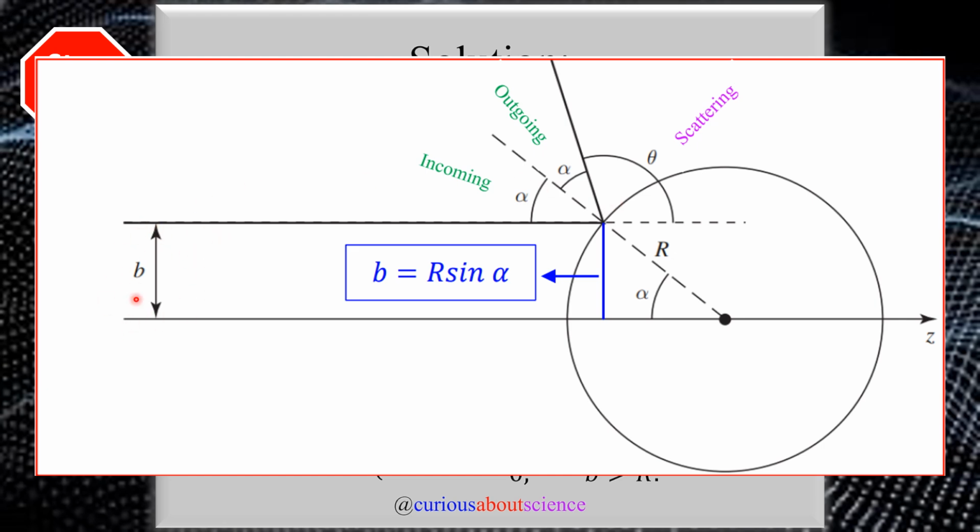That tells us how far above we're flying in from, and that's what's going to determine the trajectory. As we see here, if we draw a leg down as if completing this triangle, this leg is b equals R sine alpha. So keep this diagram in mind as we get into the analytic side of it.